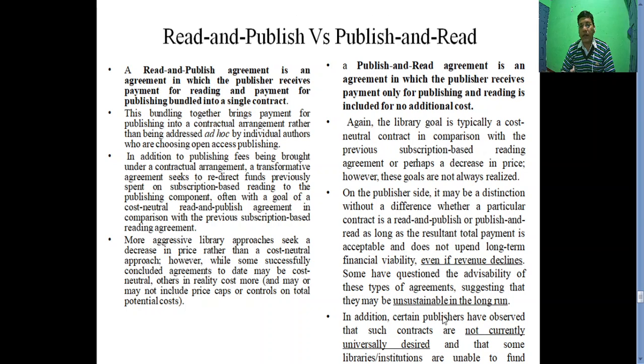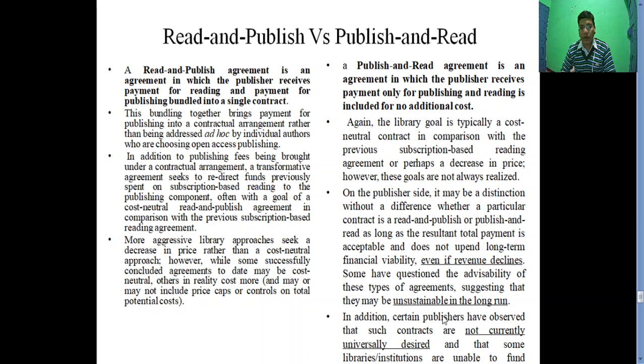On the publisher side, it may be a distinction without a difference whether a particular contract is a read and publish or publish and read, as long as the resultant total payment is acceptable and does not upend long-term financial viability.